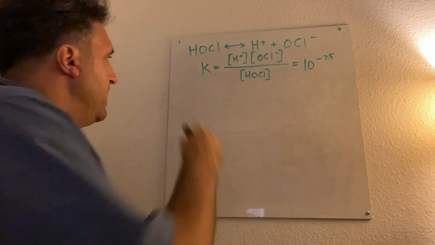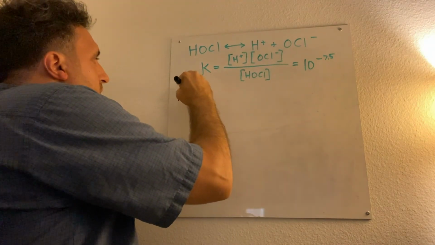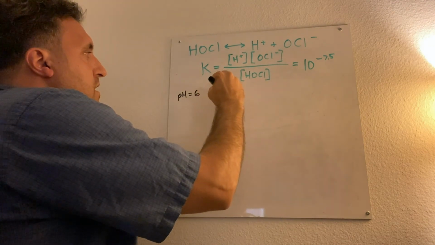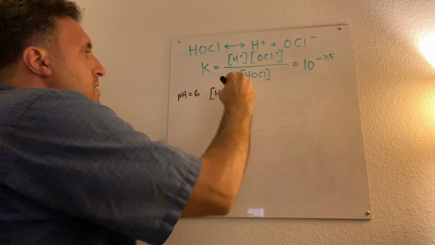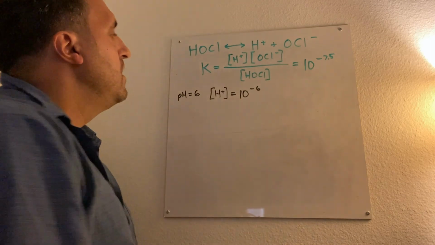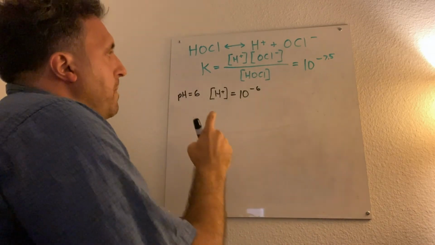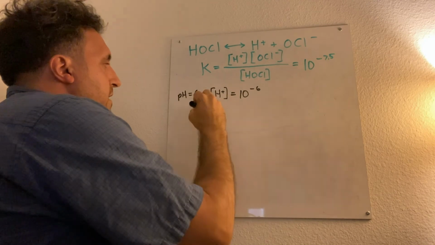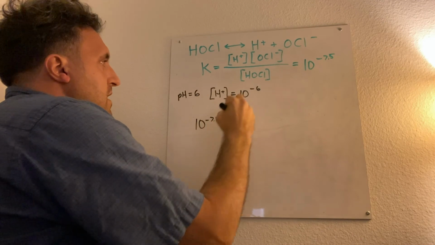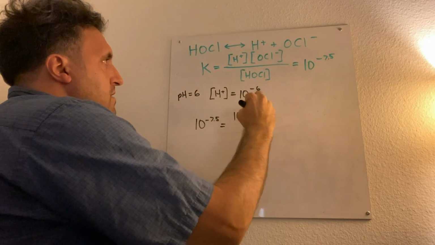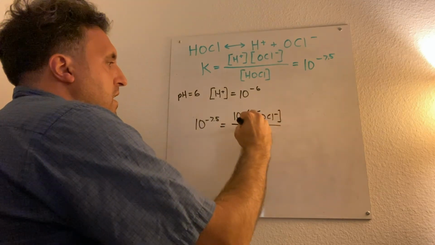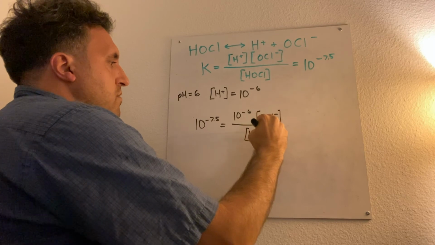So under the first scenario, where pH equals 6, we know that the concentration of H+ is equal to 10 to the negative 6th moles per liter. So under that scenario, we know that 10 to the negative 7.5 is equal to 10 to the negative 6 times the molar concentration of OCl- divided by the molar concentration of HOCl.